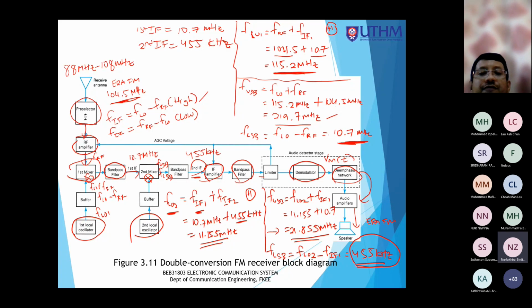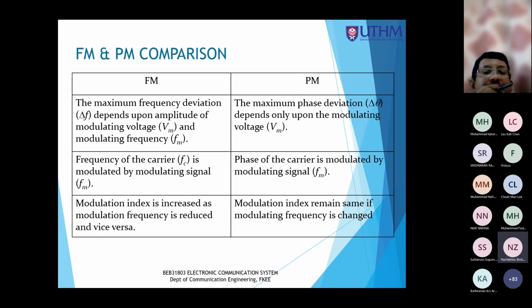From this example, the key point is that we must know the center of the first IF and also the center of the second IF. From there, we can do the calculation of the frequencies. And this is the comparison of FM and PM.